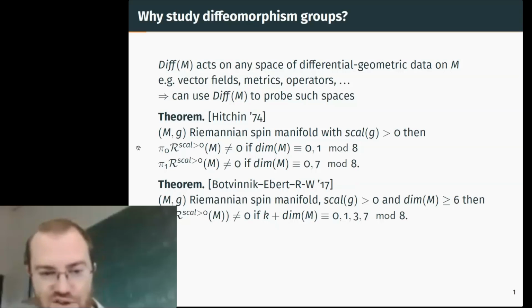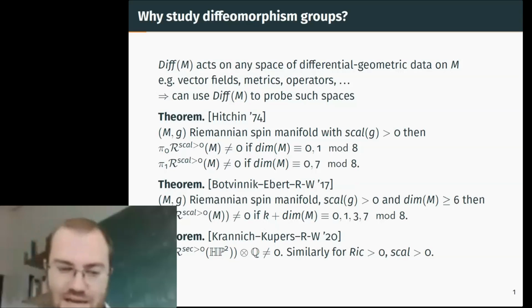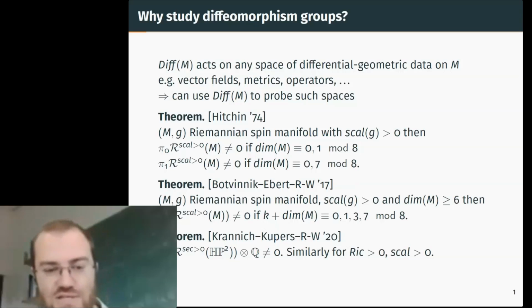And to mention something very recent, about a month or so ago, Manuel Krannich, Alexander Kupers and I showed something of similar flavor, but in fact very different: the same sort of phenomenon for the space of positive sectional curvature metrics. At the level of theorems as I'm stating them here, you can't really tell the difference, but positive scalar curvature, it turns out, has very topologically flavored properties.